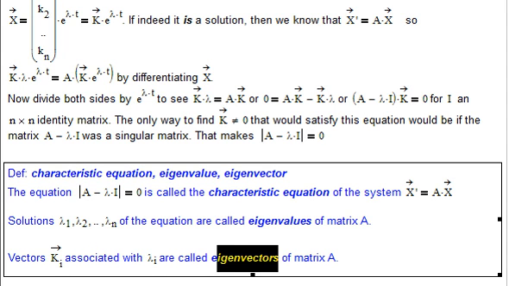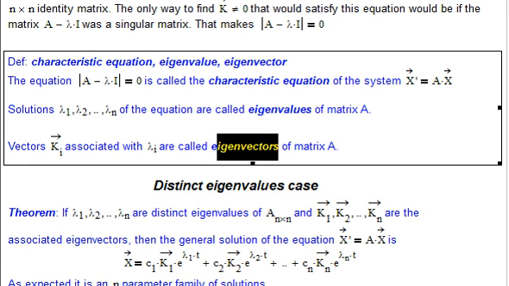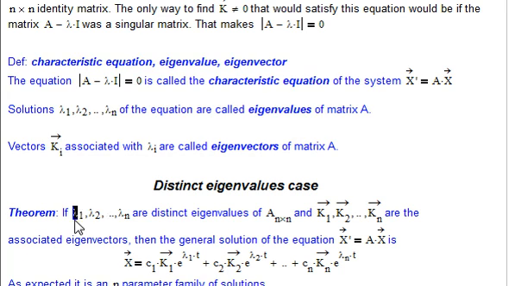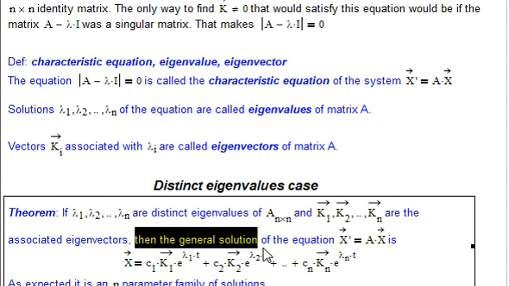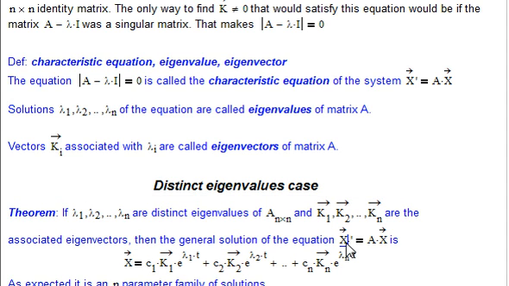So sometimes you have distinct eigenvalues for the matrix. And that's kind of a nice thing. So if we have lambda 1, lambda 2 up to lambda n as distinct eigenvalues of an n by n matrix A, and k1, k2 up to kn are the associated eigenvectors, then the general solution of the equation x prime equals A times x is C1 times eigenvector k1 times e to the lambda 1 t plus C2 times eigenvector k2 times e to the lambda 2 t.